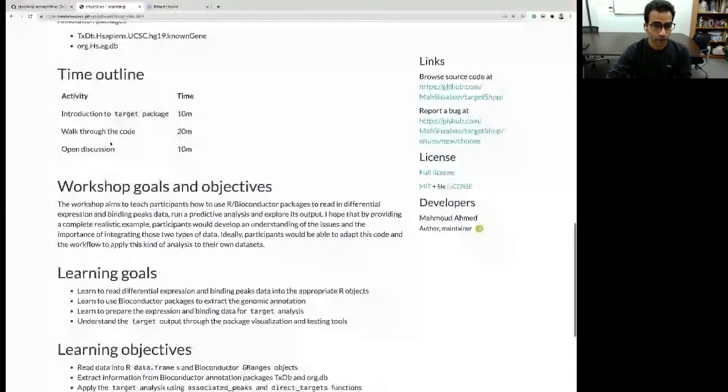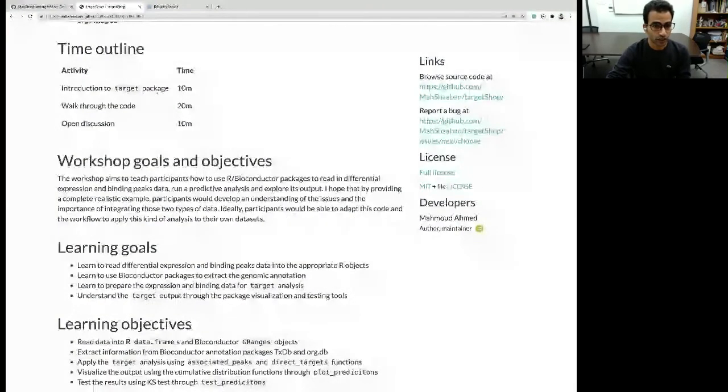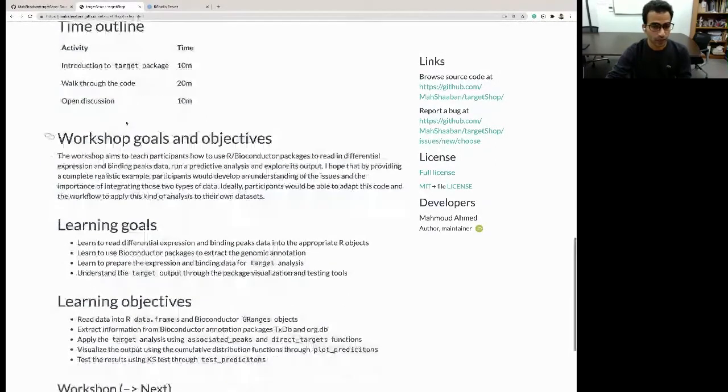So the general outline would be an introduction at the beginning, and then we'll walk through the code for the use case. And then we'll have a discussion and answer people's questions if they have any.